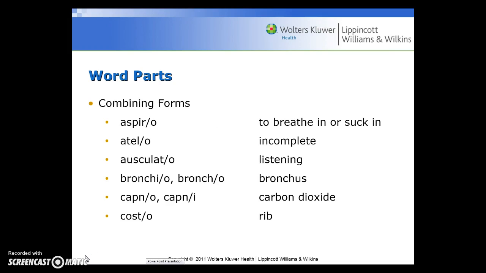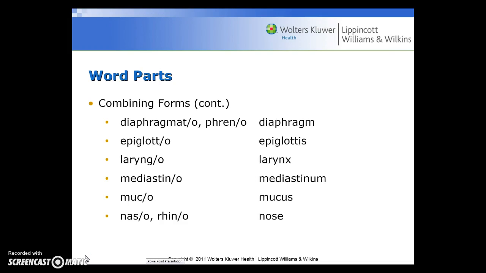When we look at the combining forms or word parts for the respiratory system, we see aspiro, which is to breathe in or suck in, atelo, incomplete, auscultato, or listen, bronchio or broncho for bronchus, capno or capni for carbon dioxide, and costo for rib.